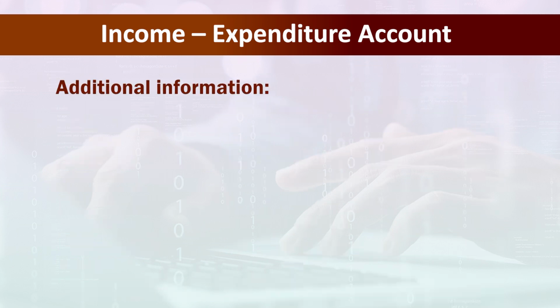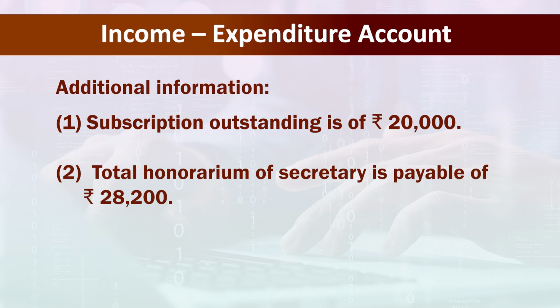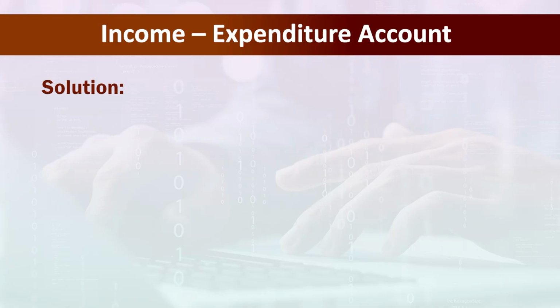Additional information provided is: 1. Subscription outstanding is 20,000 rupees. 2. Honorarium to secretary is payable of 28,200 rupees. Let us now see the solution.